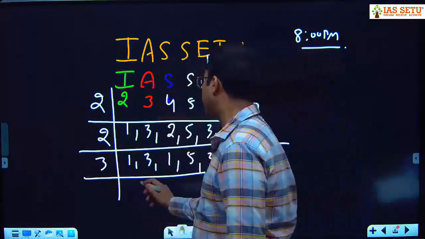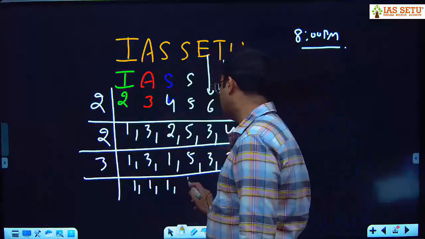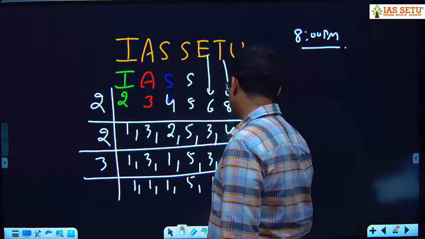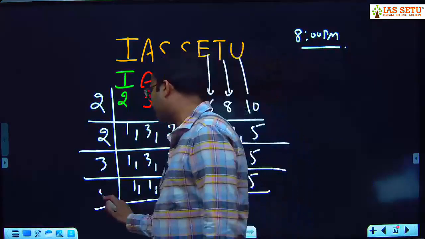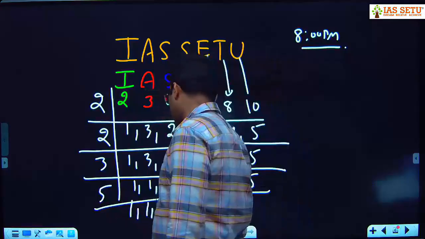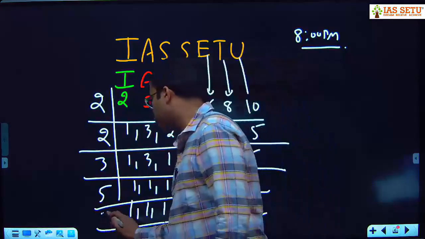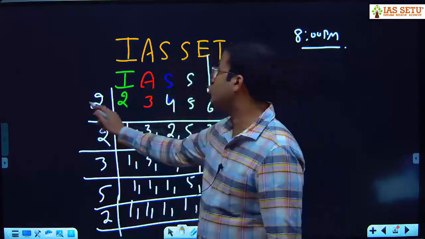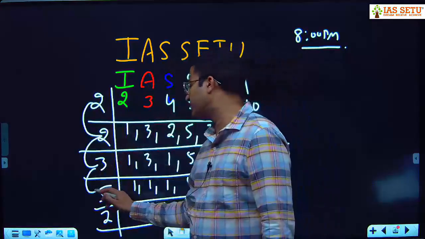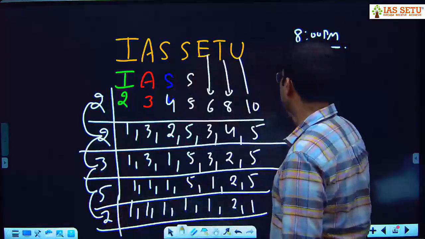Take 3 common: 1, 1, 1, 5, 1, 2, 5. Take 5 common: 1, 1, 1, 1, 1, 2, 1, then 2 common. So it is 2 into 2, 4, 12, 12 into 5, 60 into 2, 120.